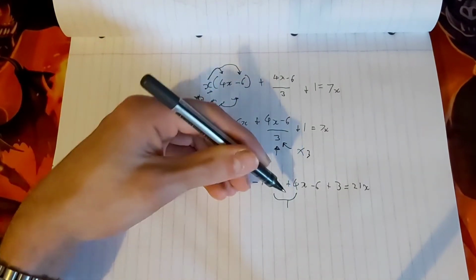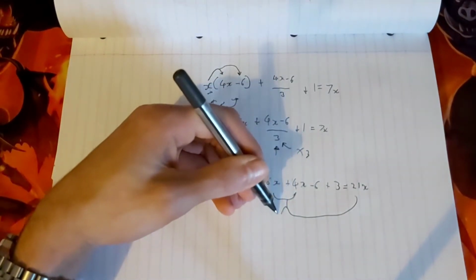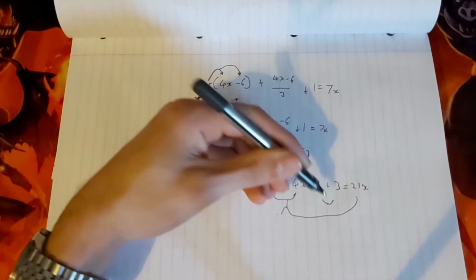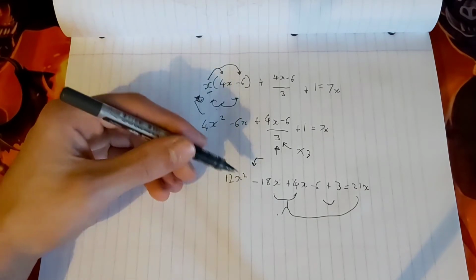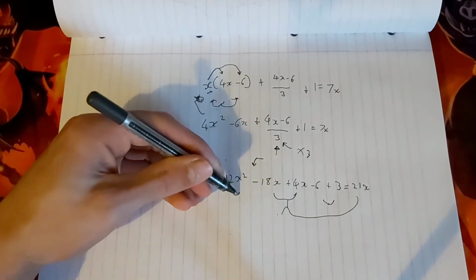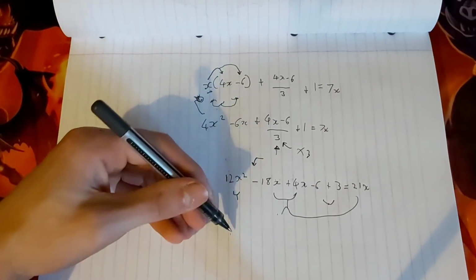We can group those terms together, and we can also group those together. And then we get something very, very easy, a quadratic equation. So we can't group anything with the x squared because there's no other x squareds there.